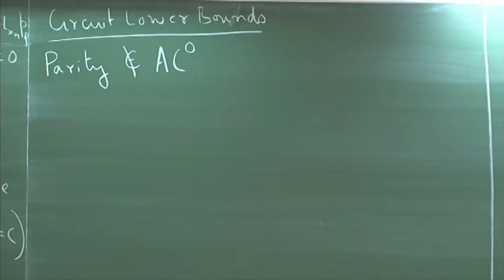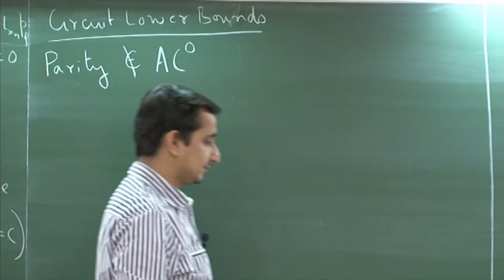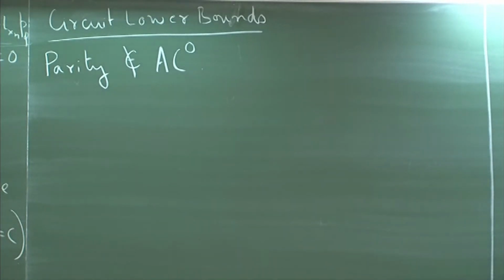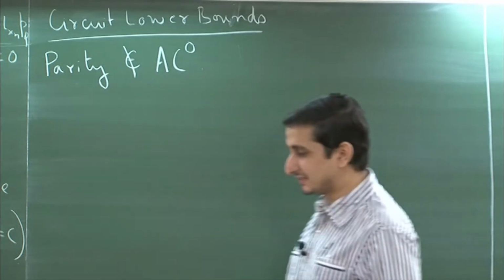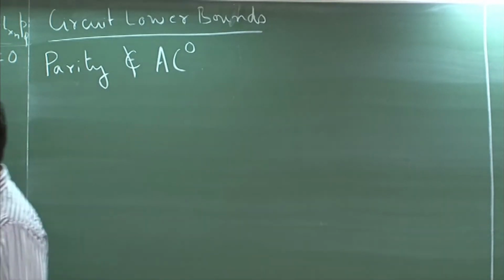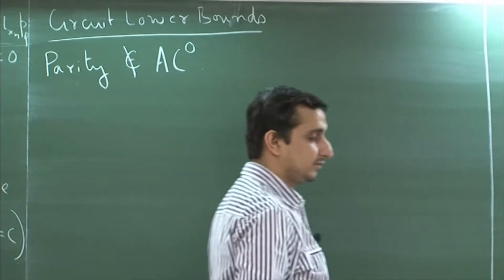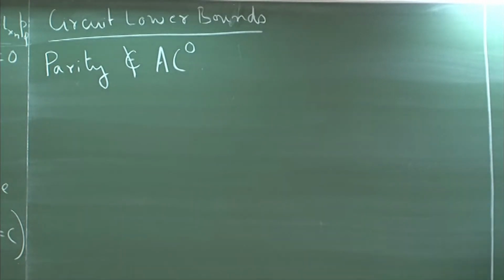This is one of the first and one of the most important absolute lower bound results that is known in complexity. As I said many times, it is very difficult to prove that something is not possible, whether in complexity or in any theoretical computer science area, because I have to argue over all algorithms.